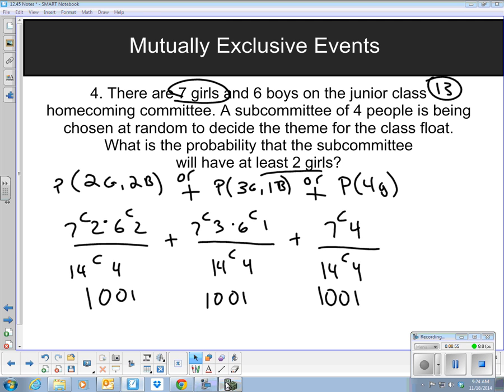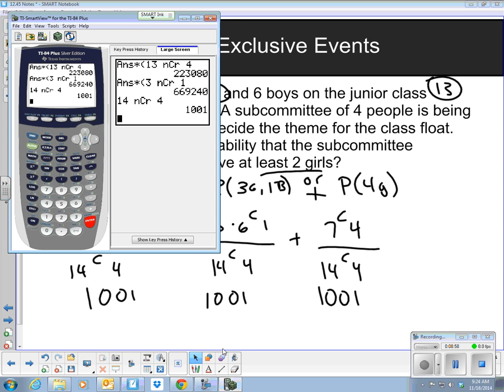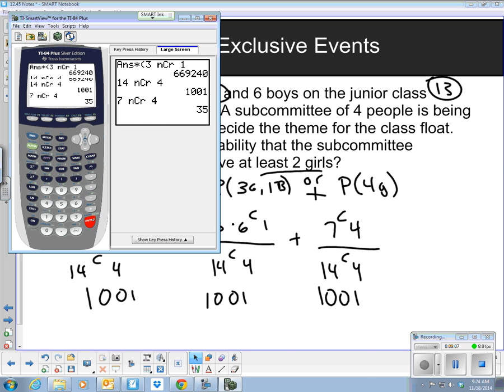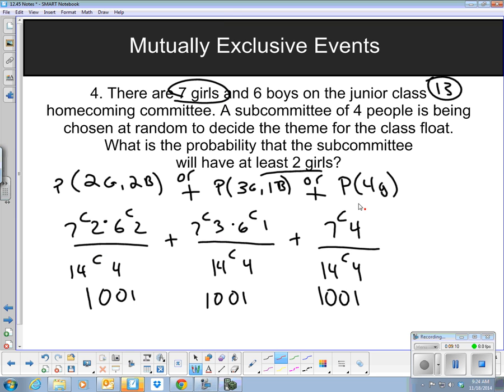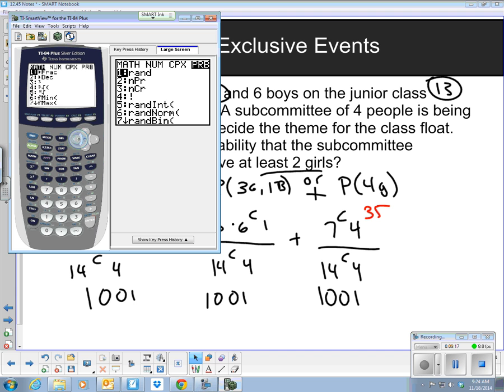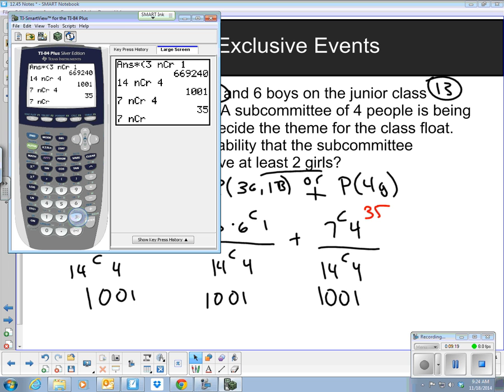Let's do the easy one first. 7 choose 4. This one's going to be 35. Then you're going to want 7 choose 3 times 6 choose 1. That's going to be 210.